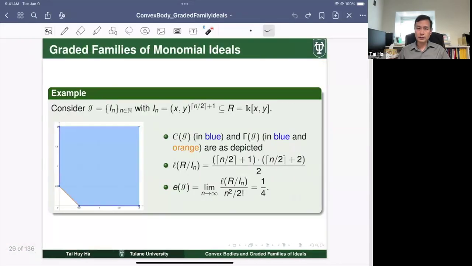All right, so this is an example where we don't have one of these familiar families, but it's still simple enough. We take a graded family of monomial ideals, and the nth element is just (x, y)^{⌈n/2⌉+1} inside a polynomial ring in two variables.